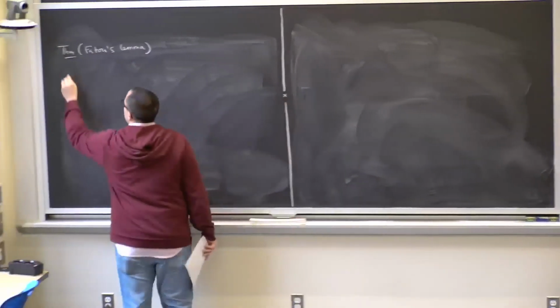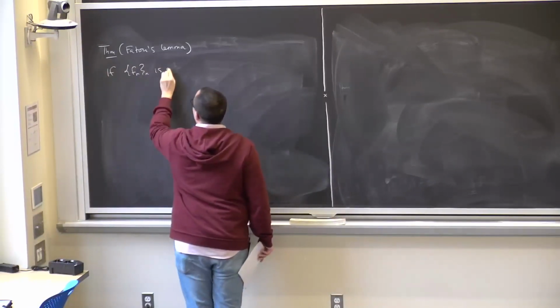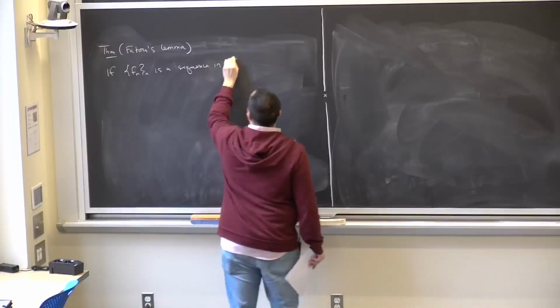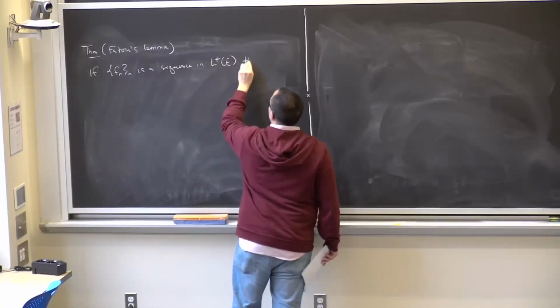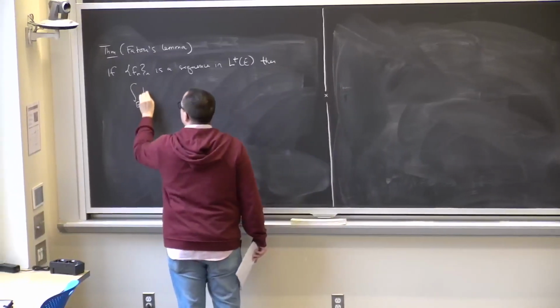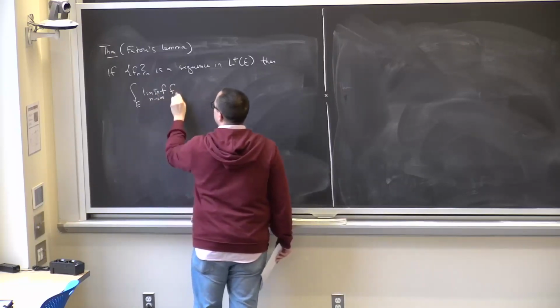So, which states that if f n is a sequence in L plus of E, then the integral over E of the lim inf as n goes to infinity of f n of x.